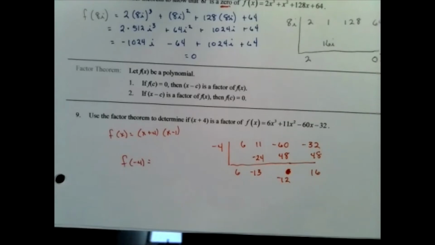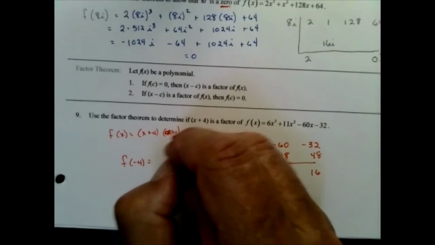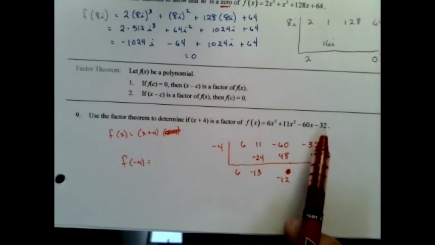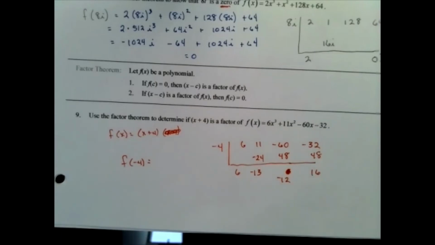And I've come up with the realization that, and I don't want this, x plus 4 is not a factor of this. It does not divide evenly, unless I made some kind of mistake on there. And I did. Where's my mistake?